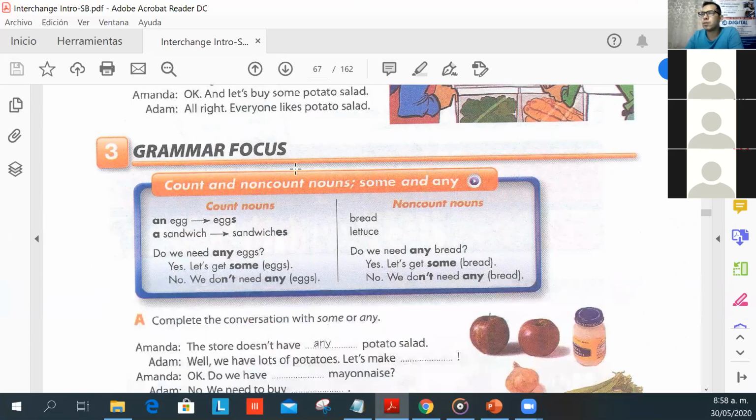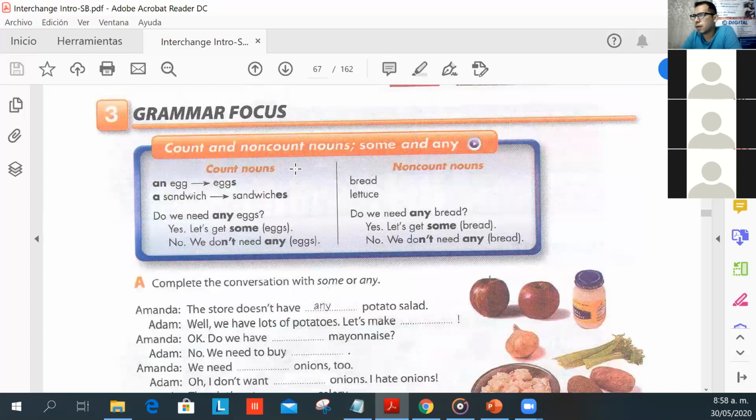Okay, so let's continue with count and non-count nouns and how to use some and any. What is countable and what is not countable?